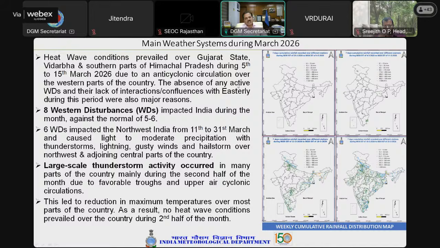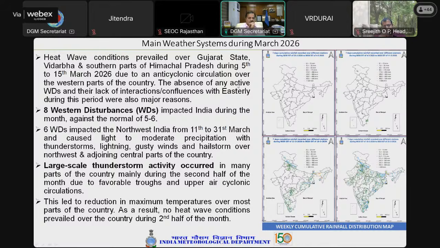There were 8 western disturbances. Out of those, 6 caused rainfall activity over the country. The first 2 were not so significant, but all these western disturbances occurred after the 15th of March. You can say 11th to 31st March, all these 6 western disturbances caused rainfall activity.